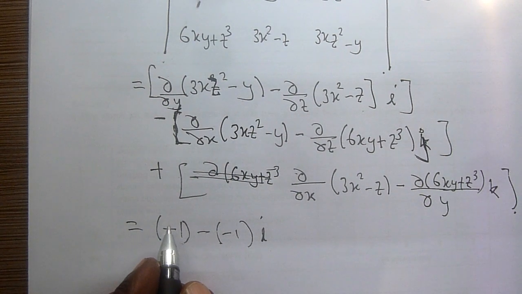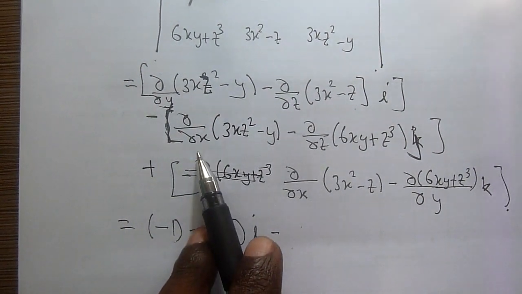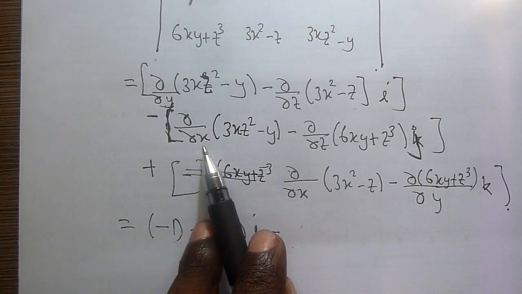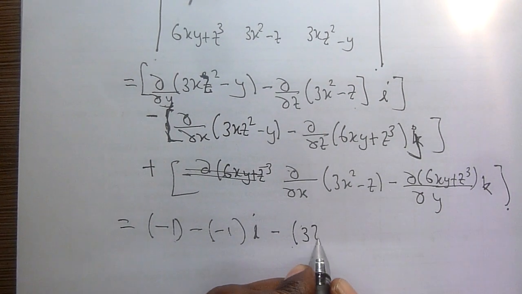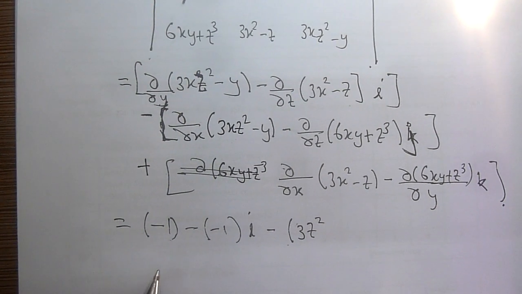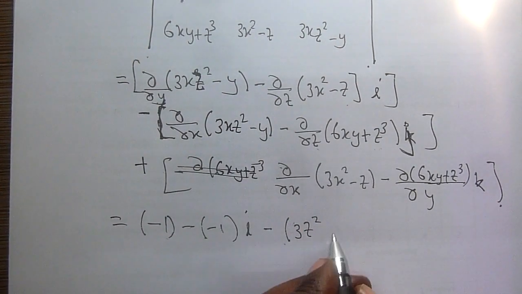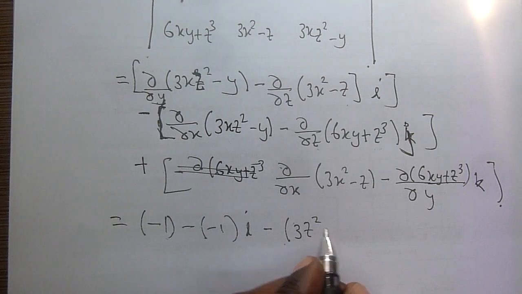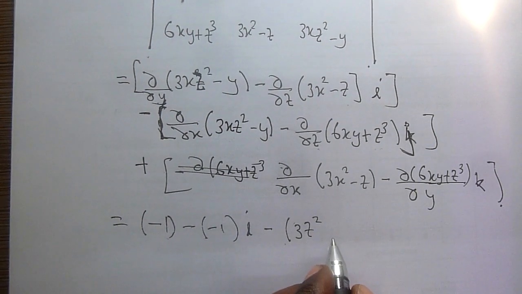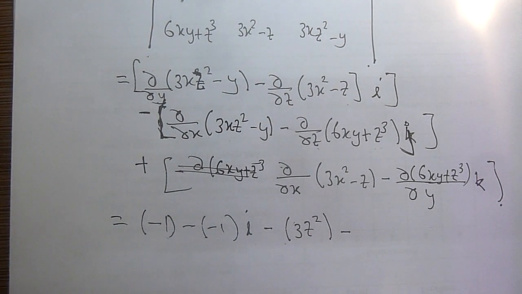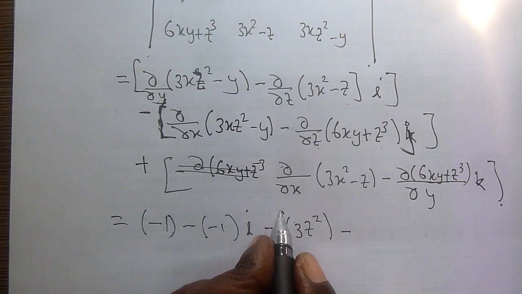Correct? Similarly, when you work on the second one, in this particular case it is z, so 3z^2. Again similarly, minus this one is positive, and this one I'll put as negative, since this is a bracket and I want to make sure.